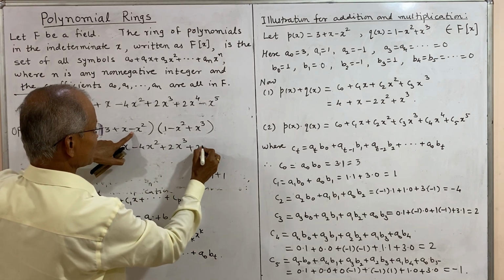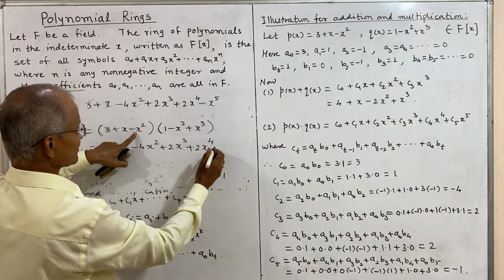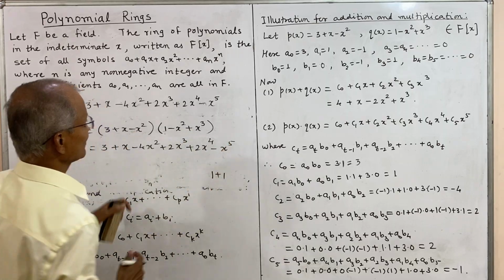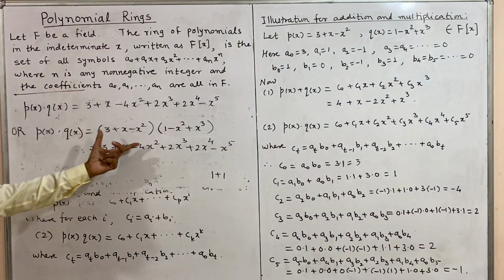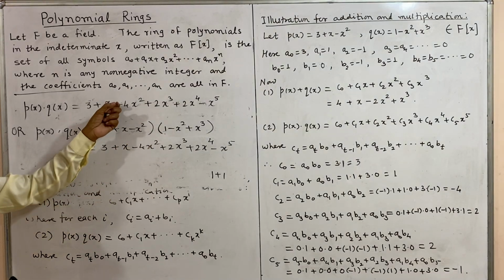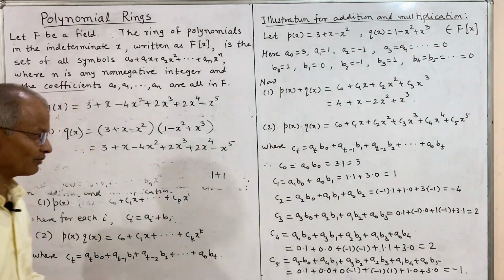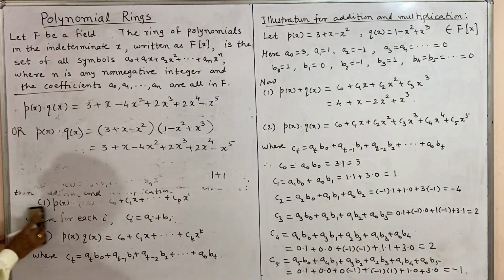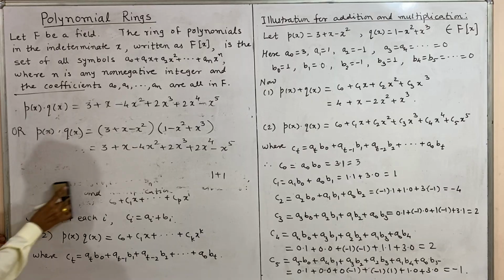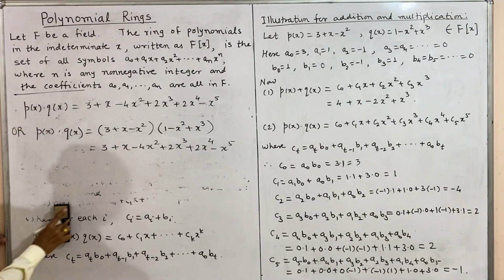So plus 2x raised to 4, and the fifth power, that is minus 1 x raised to 5, which is the same. So directly also we can get in the usual way the product of these two, and it comes the same as according to this definition. So we have verified the definition of multiplication by taking this particular example.